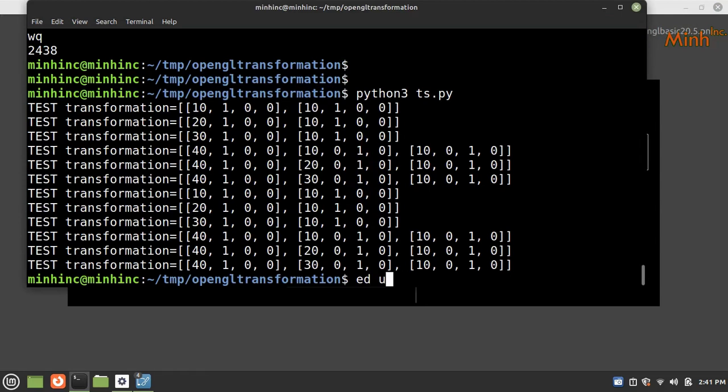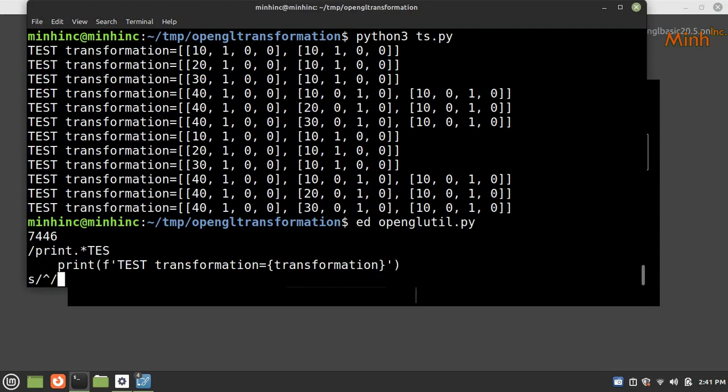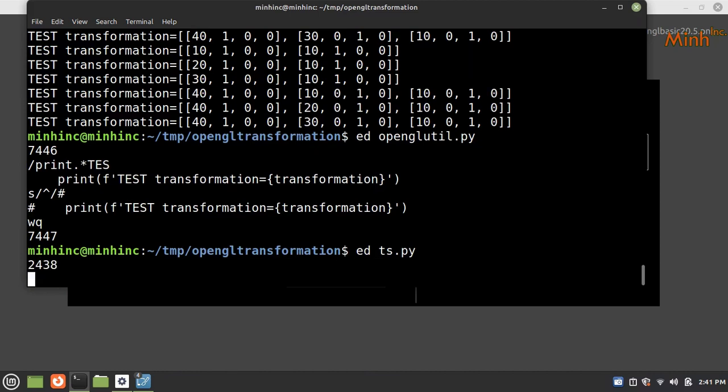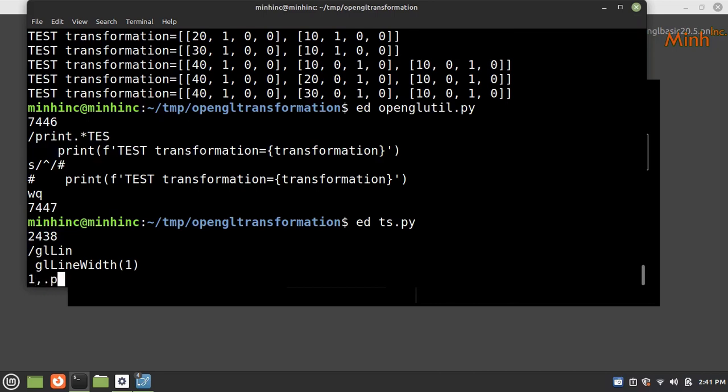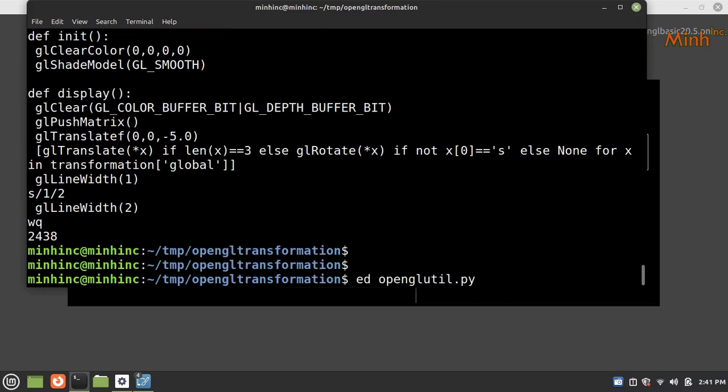Okay, so in this program we have GL line width. So 1 to 2 I'll make. We'll try again.